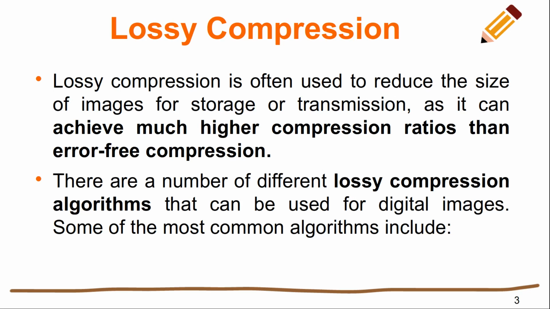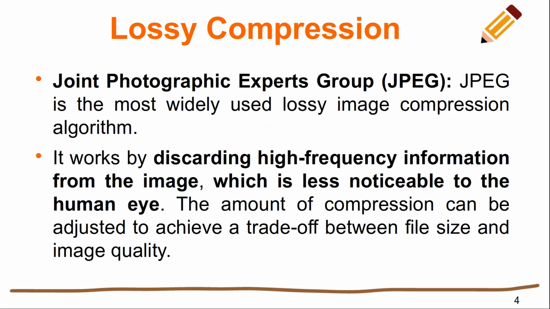for lossy compression. The first one is the JPEG file. In a JPEG file we are using lossy compression. So what is the technique used in this compression? First, discarding higher frequency information from the images, which is less noticeable to the human eye.